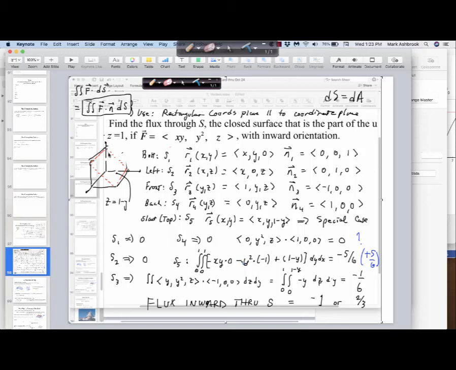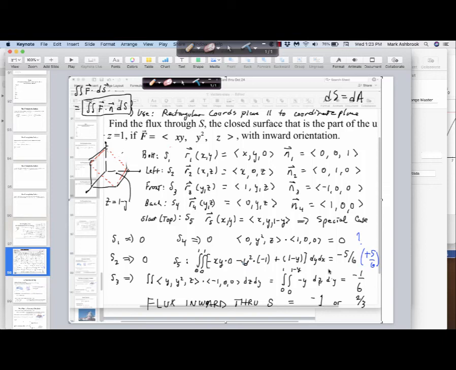Now if we're talking about the inward orientation, the contribution of that top face to the flux will be negative 5/6, because the positive 5/6 would be for upward orientation, the positive direction for Z. So truly for inward orientation, we want to use negative 5/6, and then the flux inward is -1.